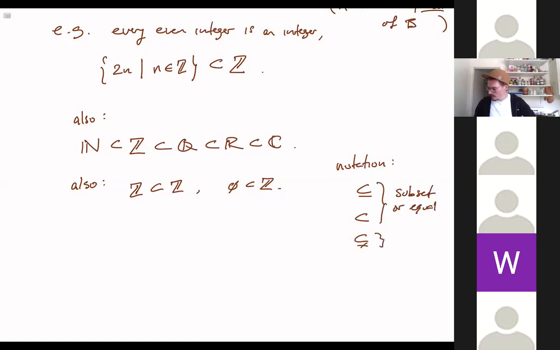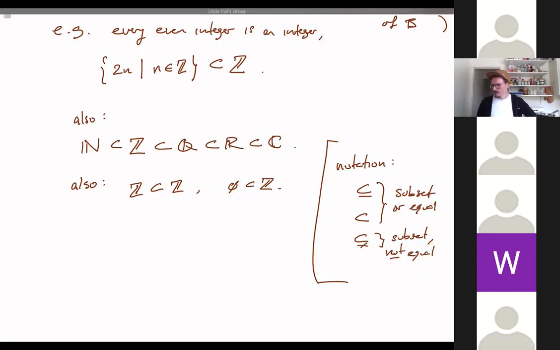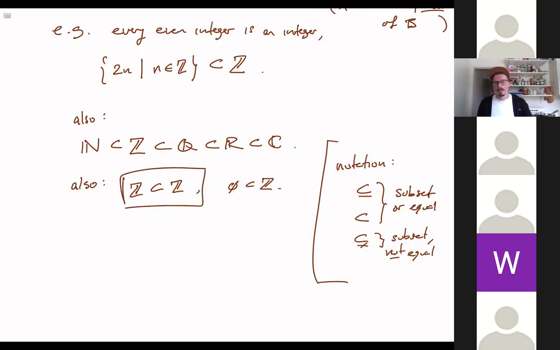And this one means subset not equal. And other people will occasionally put this in that category, but I will not. So this is the notation that I will use. So if you want to say something that is a subset is not the full set, you've got to specify that with the little slash. So that's a little comment on this containment.